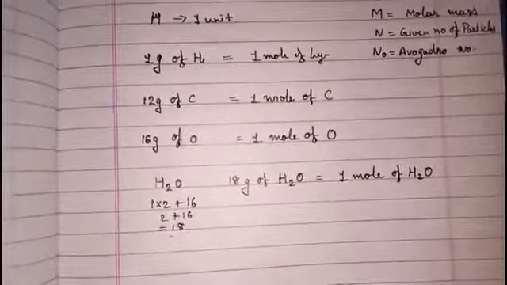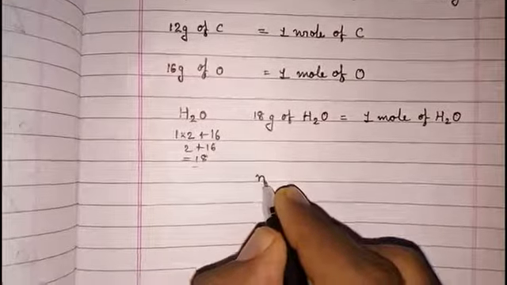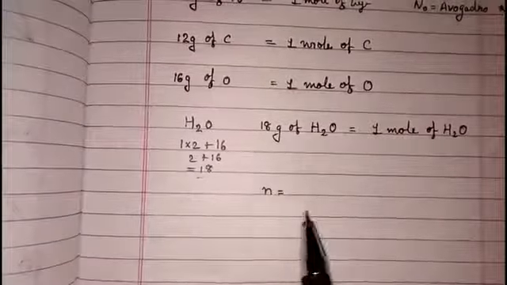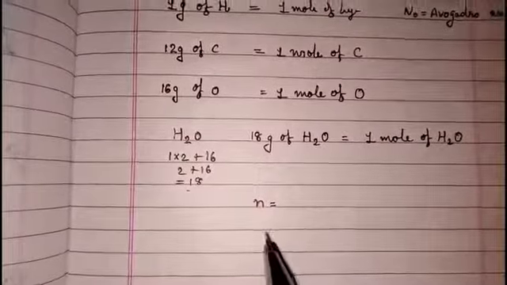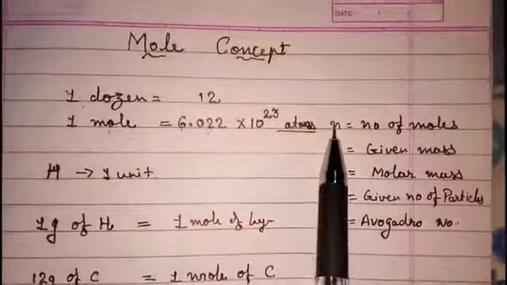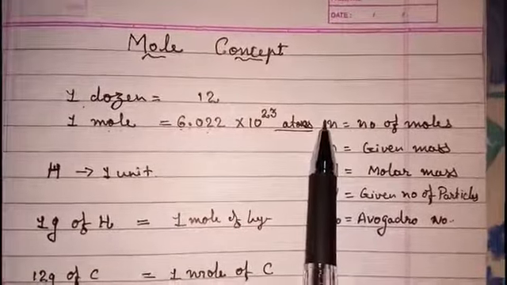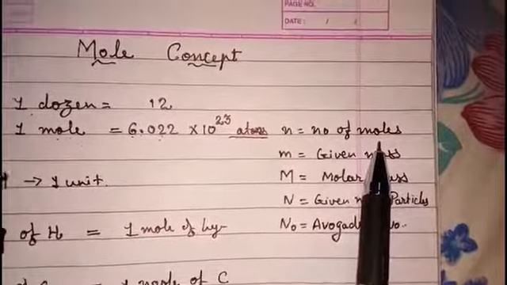Now I am going directly to the formulas. For finding the number of moles, first you need to know what things are needed for finding how many moles are there. Look here, I have written here: small n is used for number of moles.